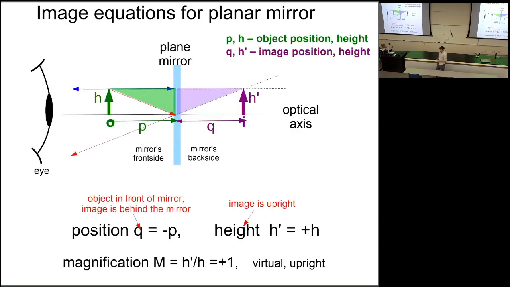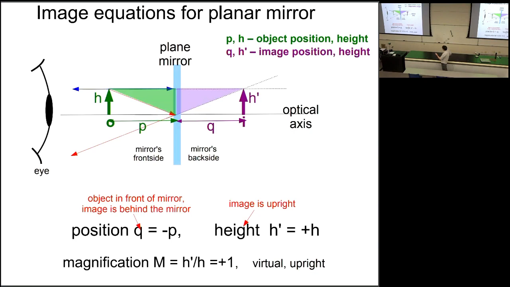That ray tracing actually leads to a couple of general equations that describe the images formed by plane mirrors. These equations are written downstairs here at the bottom, but let me just say where they come from.